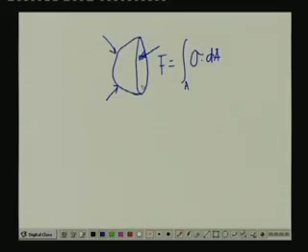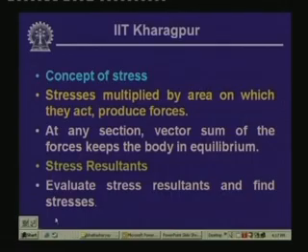And thereby we assume that at every point it has the same behavior. So, at any section, the vector sum of the forces keeps the body in equilibrium, and that is how we obtain the stress resultant for that particular section. Our job is to evaluate this stress resultant, and once we know it, we can compute the stresses at that particular section.